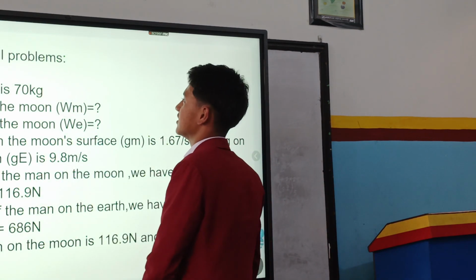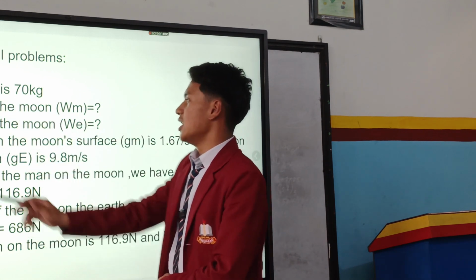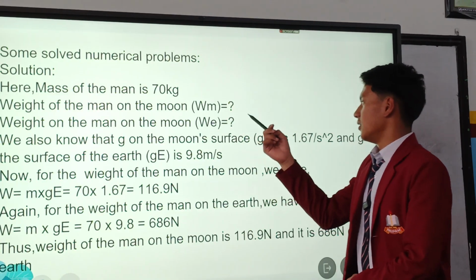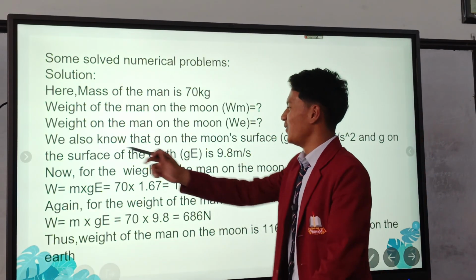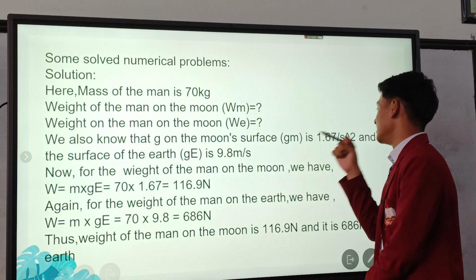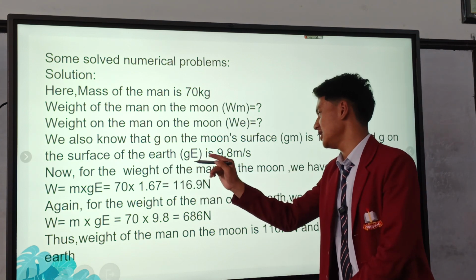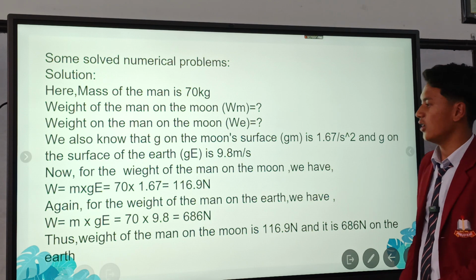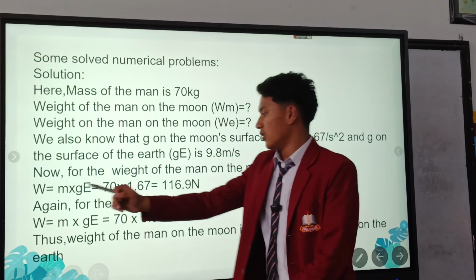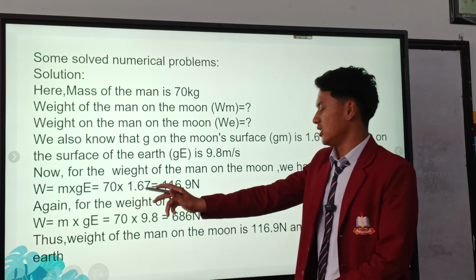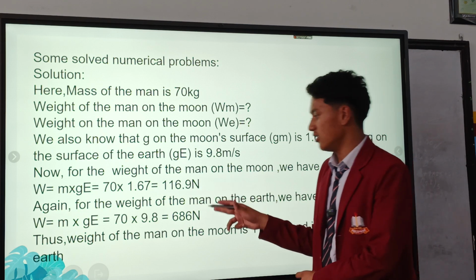Now some numerical problems. Here the mass of the man is 70 kg. We have to find the weight of the man on the moon and the weight of the man on the earth. We know that g on the moon's surface, gm, is 1.67 meters per second squared, and g on the surface of the earth, ge, is 9.8 meters per second squared. Now, weight of the man on the moon: W equals m into gm equals 70 into 1.67, which is 116.9 Newton.